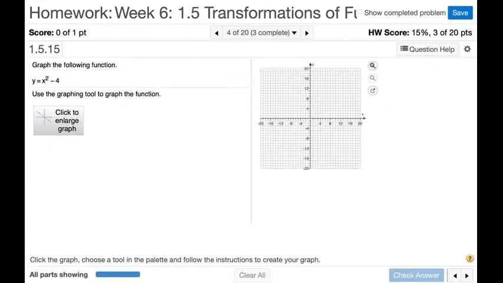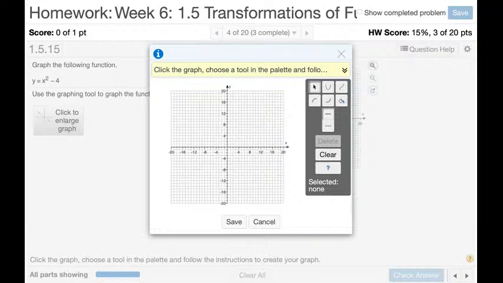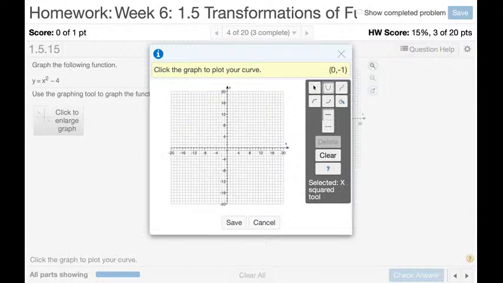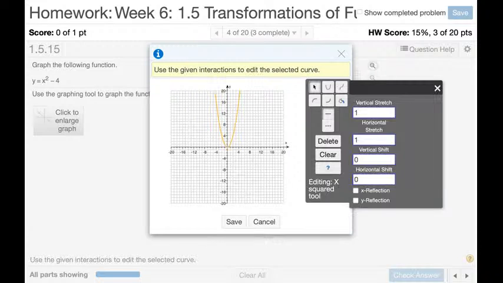Okay, so all this is going to be a parabola that we move down by 4. Just like this, to plot, let me see. Yeah, we want to do a vertical shift of negative 4. That's it.